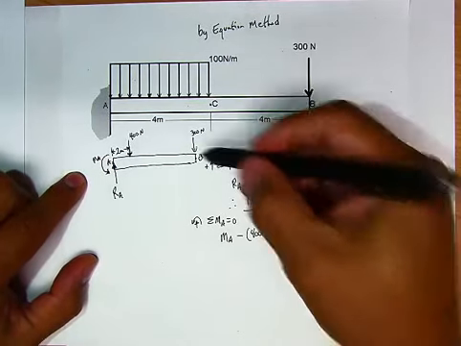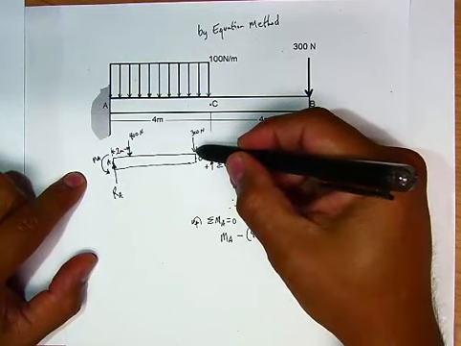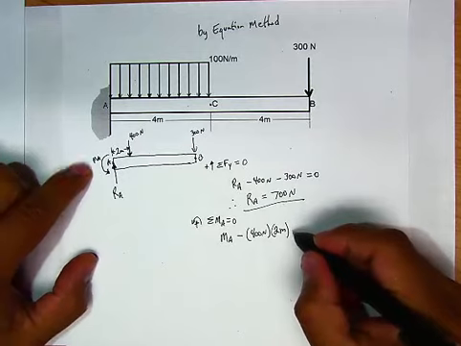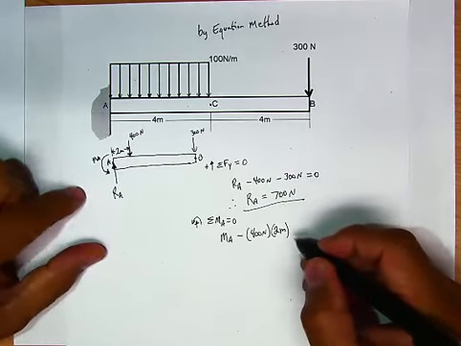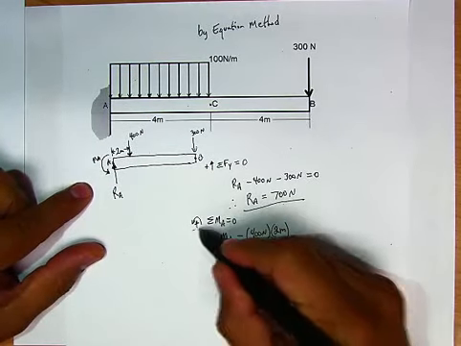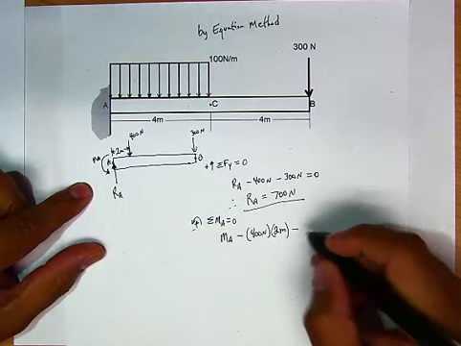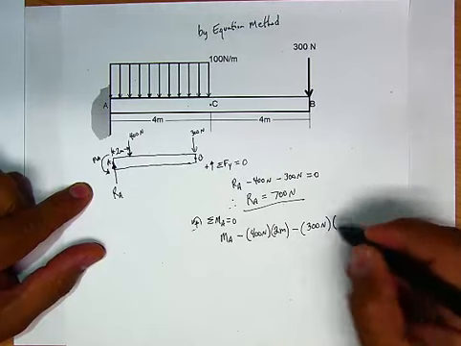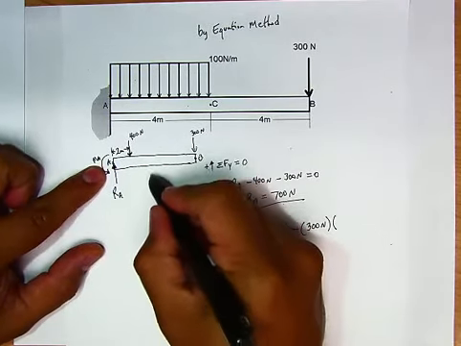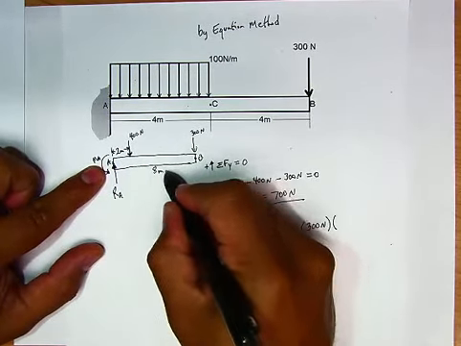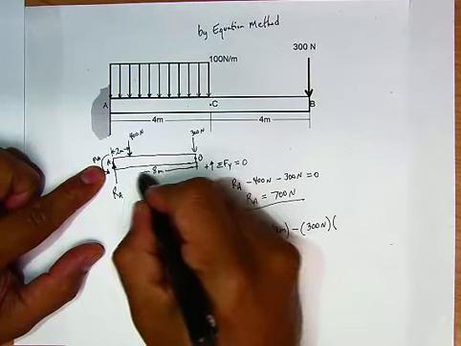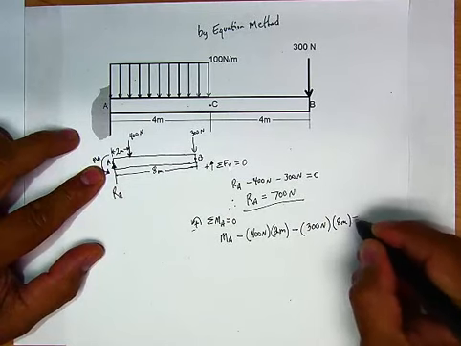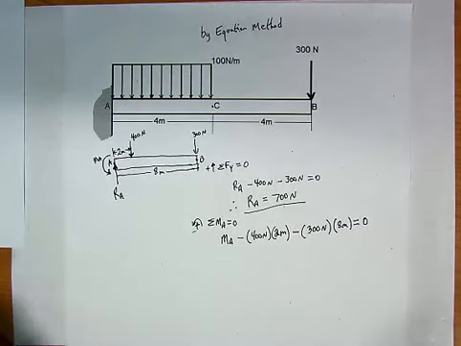Then we have this other 300 newton force being applied at point B, and it also produces a clockwise rotation, which by our specification is considered negative, so that will be minus 300 newtons at a distance of, a little mistake here, 8 meters, and that should be equal to 0.